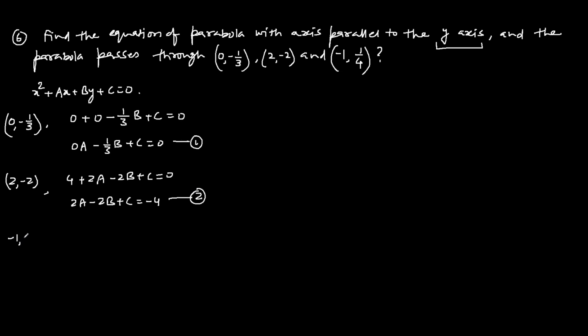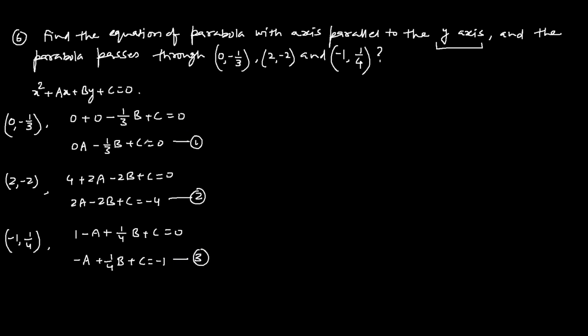And the third point is minus 1 comma 1 by 4. So minus 1 square is plus 1 and then minus a plus 1 by 4 b plus c equal to 0. So the equation is minus a plus 1 by 4 b plus c equal to minus 1.